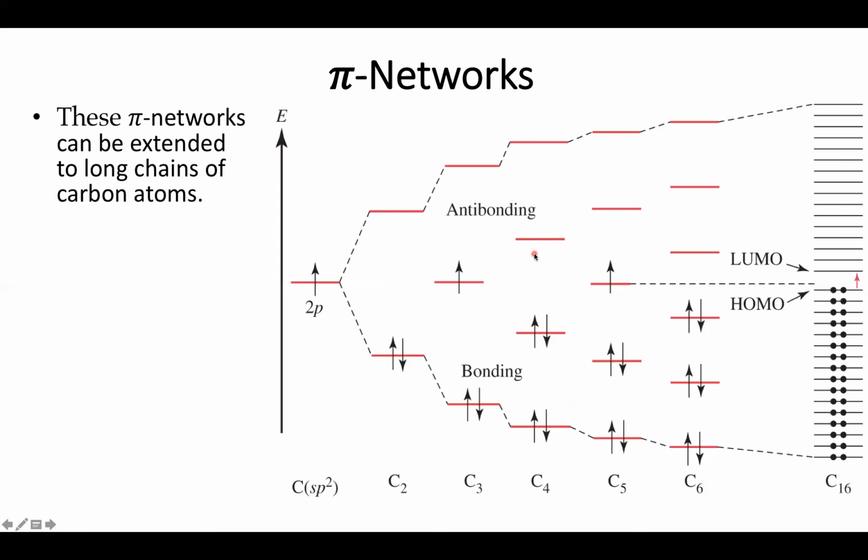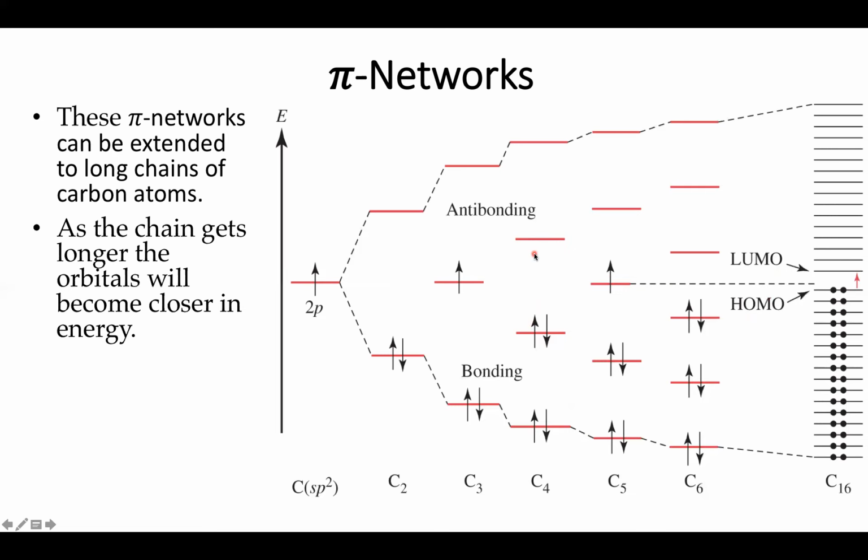This has some really important applications in chemistry, because as we've seen previously, we can make electrons move from one orbital to another using light. And as we make these two orbitals become closer and closer in energy, as these carbon chains get longer, eventually we get to the point where I can excite an electron from the HOMO to the LUMO using light.